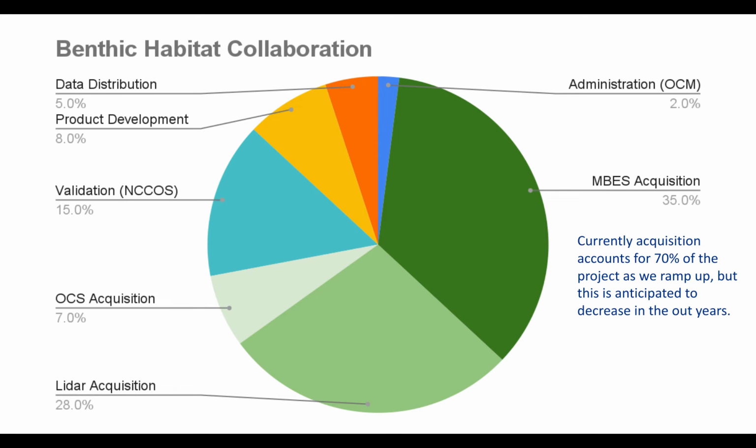28% is associated with LiDAR acquisition, and then 15% of the budget approximately is associated with validation work that's being led up by NCOS. And then the remainder of the budget is looking at product development.